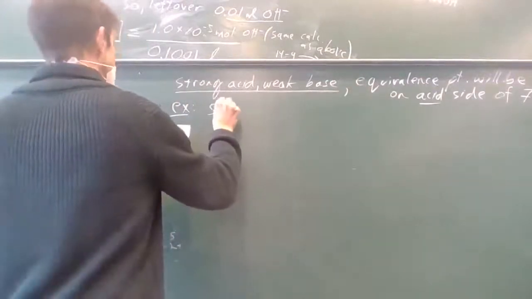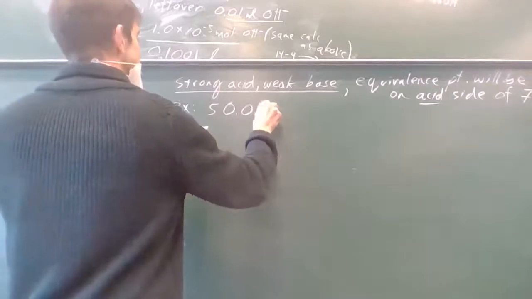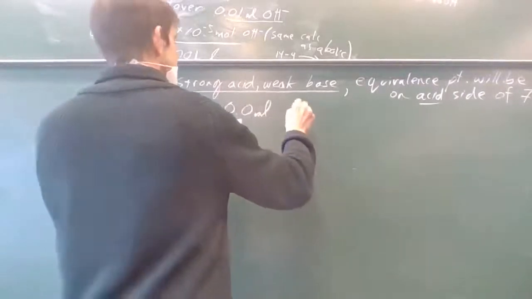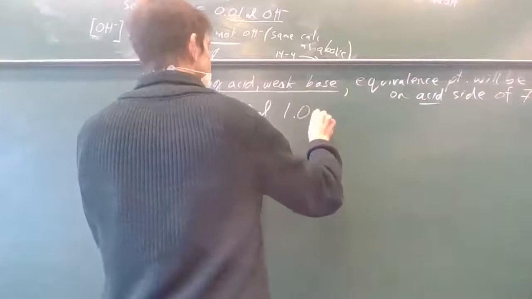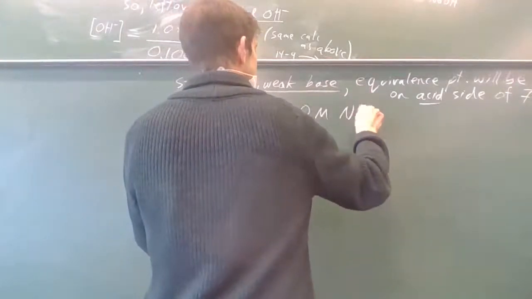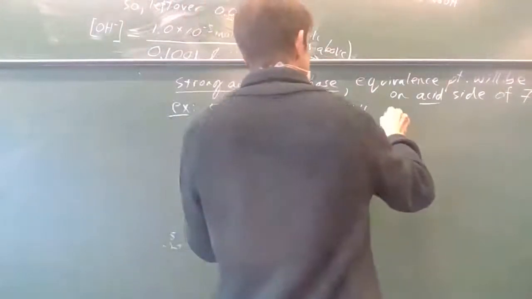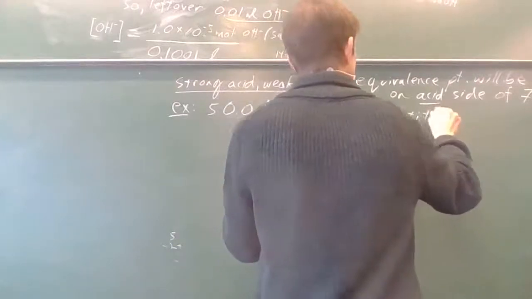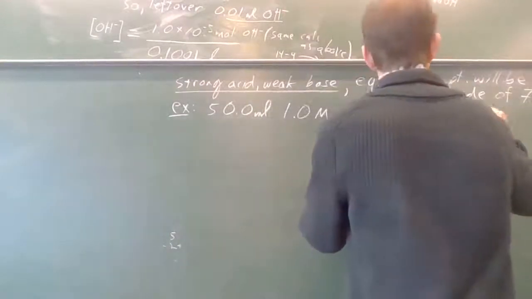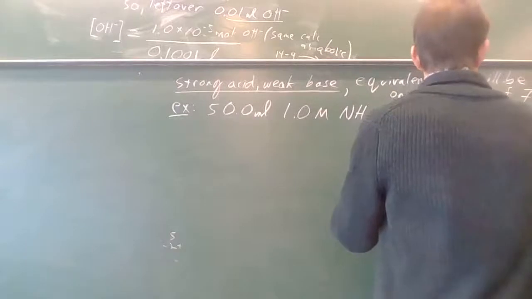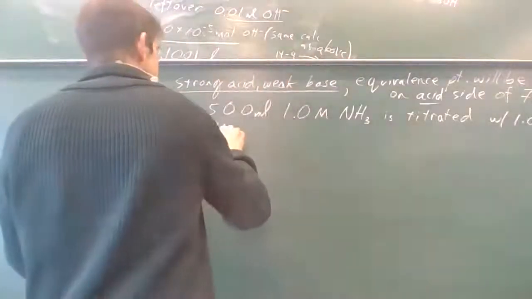Okay, I got 50.0 milliliters of 1.0 molar NH3 is titrated with 1.0 molar HCl.